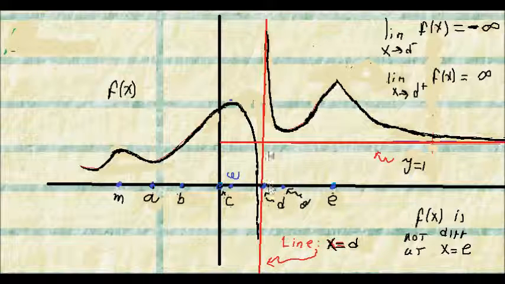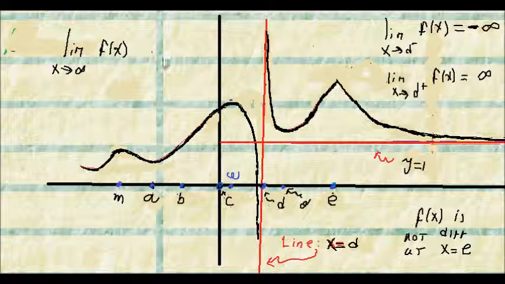Now this red line is y equals 1 for this function. This function f of x looks like a rational function of sorts. So let's actually compute the limit of this function as x approaches infinity of f of x.